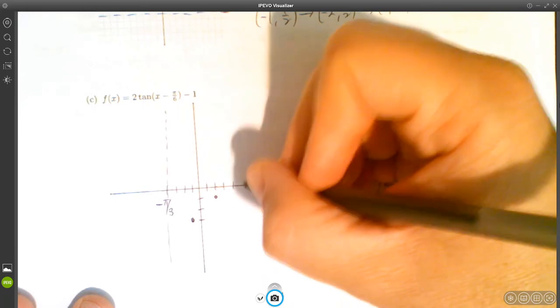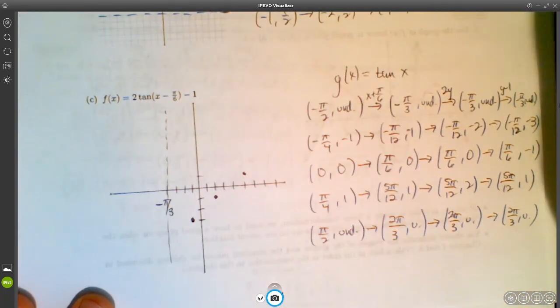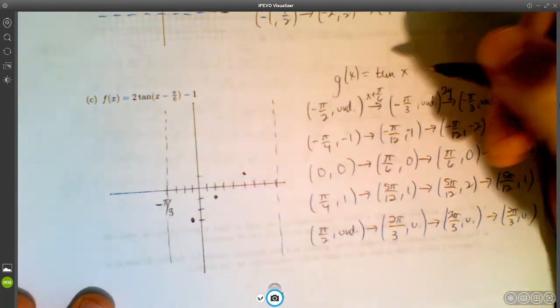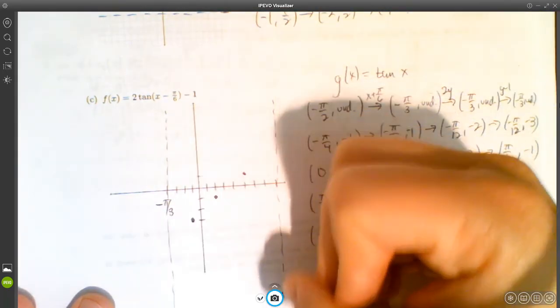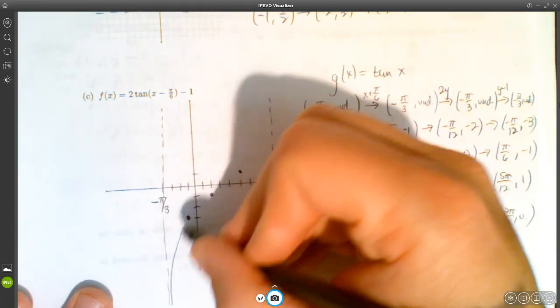And then 5 pi over 12, 1. 1, 2, 3, 4, 5 pi over 12, 1. And then 6, 7, 8 pi over 12, I've got another asymptote. Okay, so there you go.